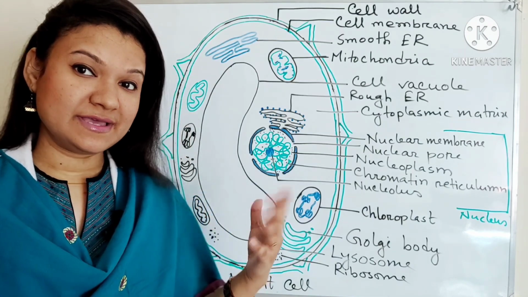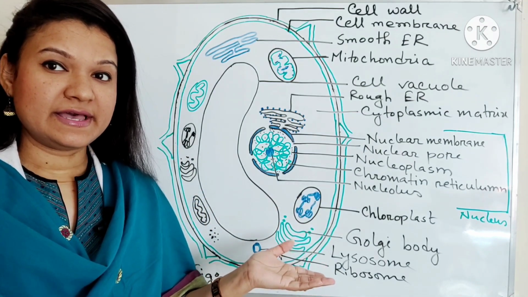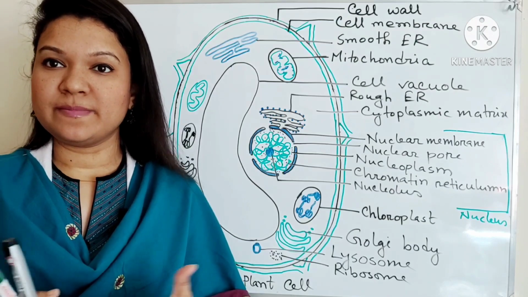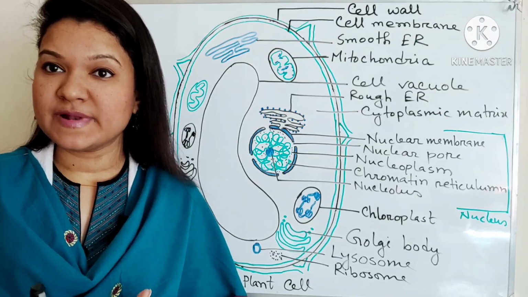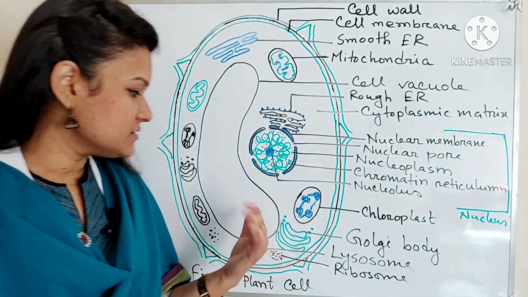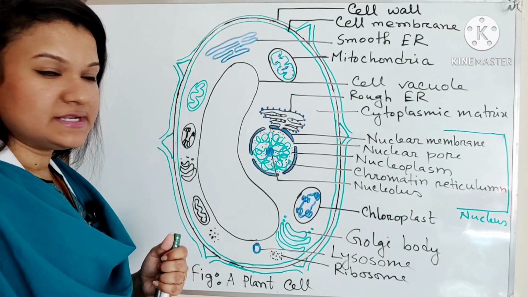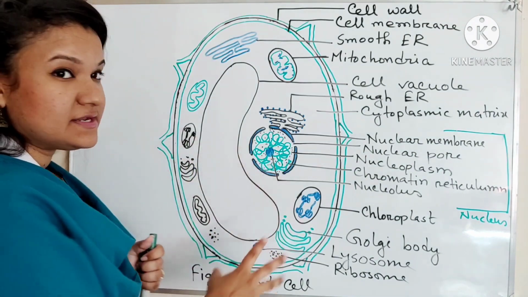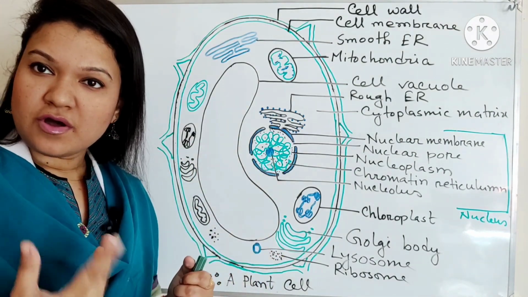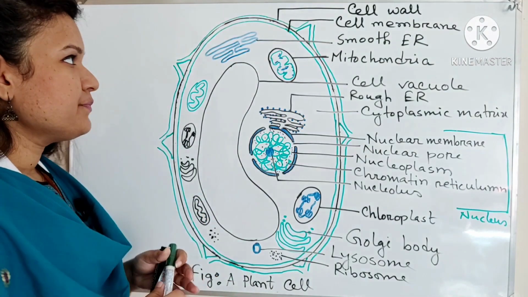So, in this figure I drew a plant cell and I will tell you about the differences between plant cell and animal cell. Let's see the picture of a plant cell. A plant cell has some organelles and I will show you those also.